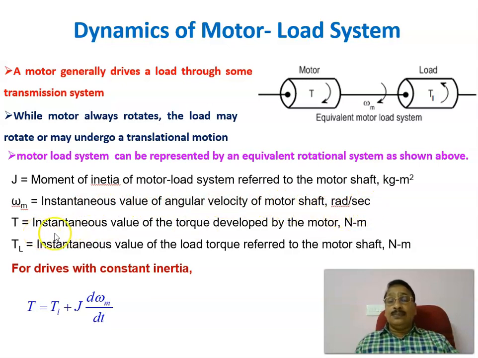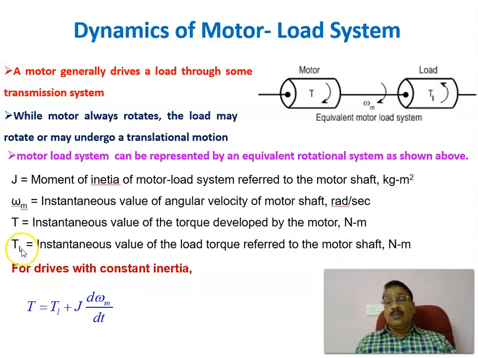T is the instantaneous value of the torque developed by the motor in Newton meter, that is capital T, and TL represents the instantaneous value of the load torque referred to the motor shaft in Newton meter. That's actually T small l.